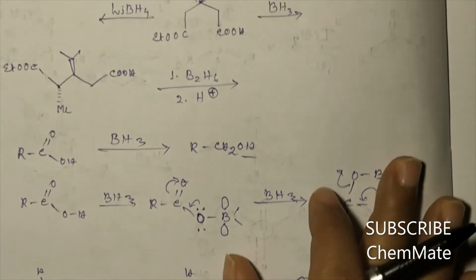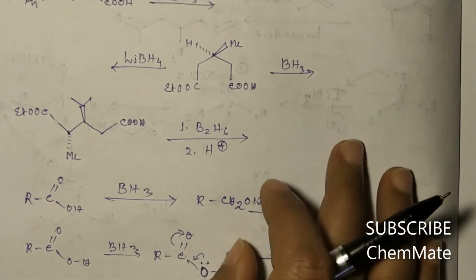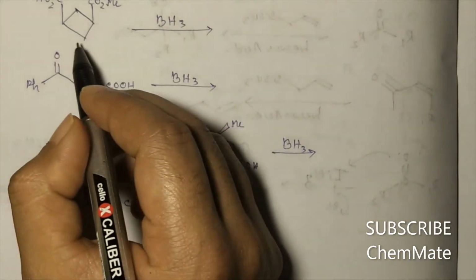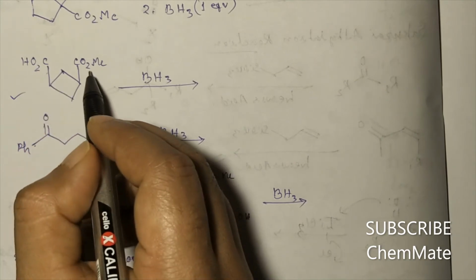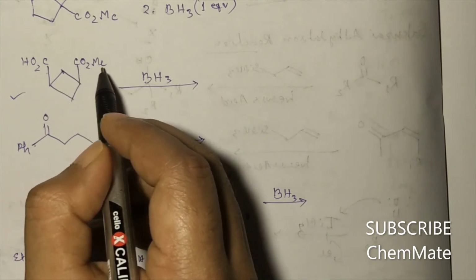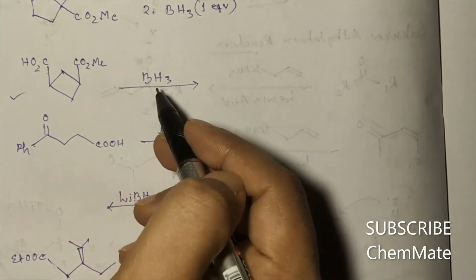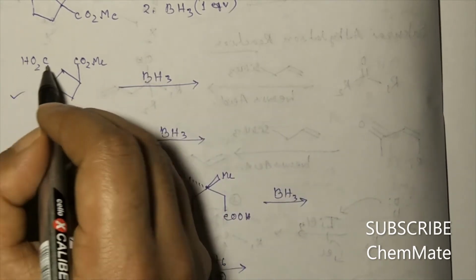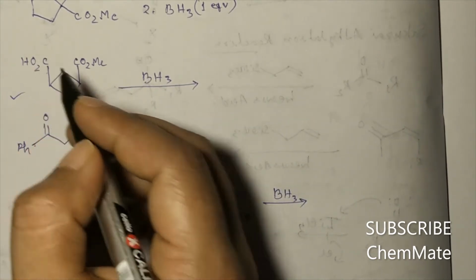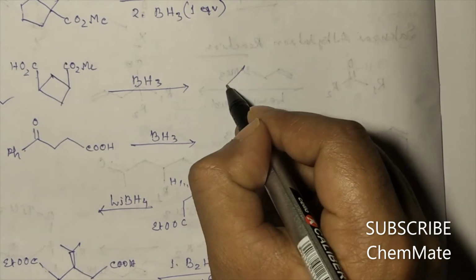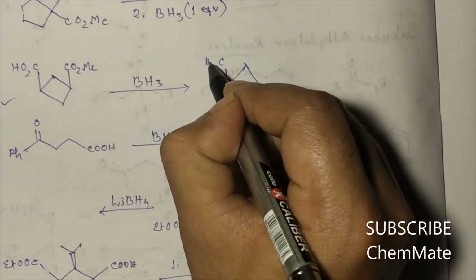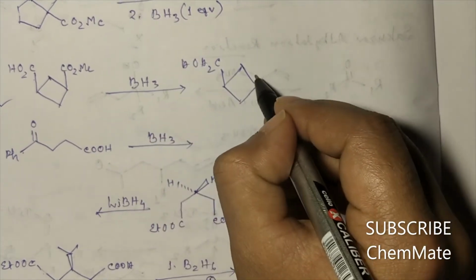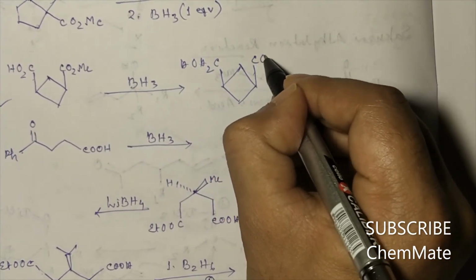Now in our question, here one COOH and one CO2Me is there. If it is treated with BH3, then it will selectively reduce this acid. So our product will be CH2OH, and it will be as usual CO2Me.